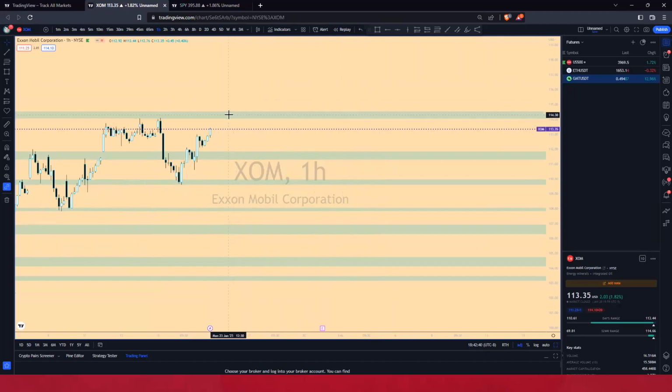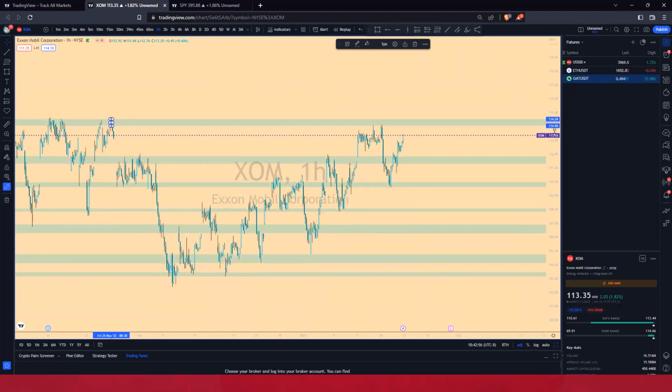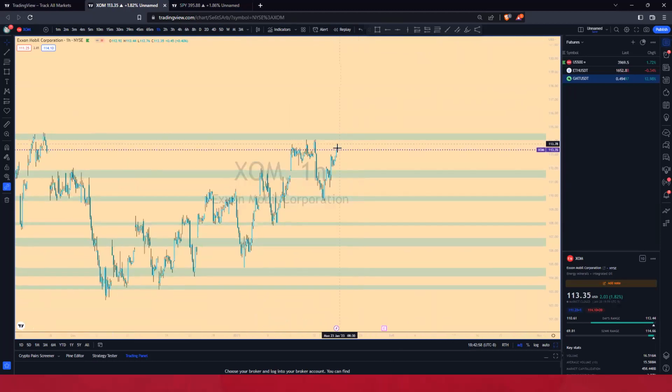But I'm ready to be proven wrong. If we break through the zone, I would wait for it to break out, retest, and confirm it as support to take a trade to the long side. But honestly, at that point it's all-time high territory, and I don't know how to trade all-time high territory. So that's how I would trade that.